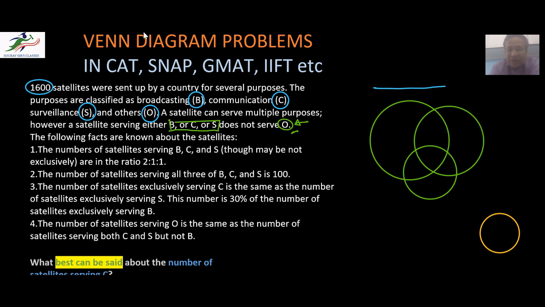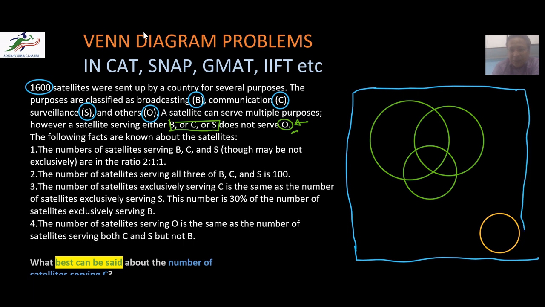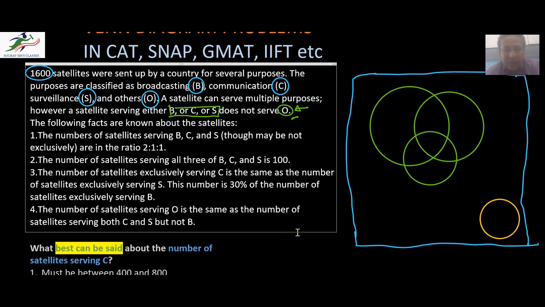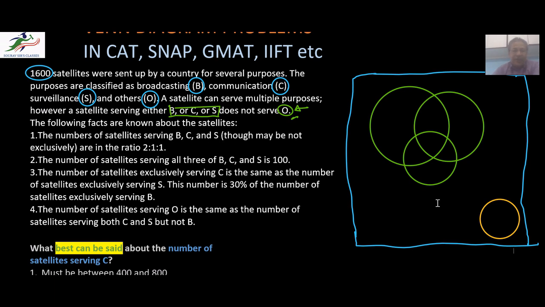So this would be our universal set. Now let's look at the conditions. Let's say this is B, this is C, this is S, and this is O. And the total number of satellites we know is 1600.